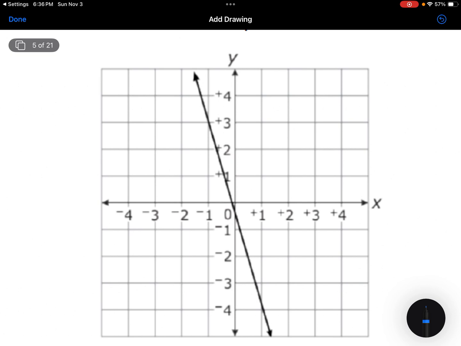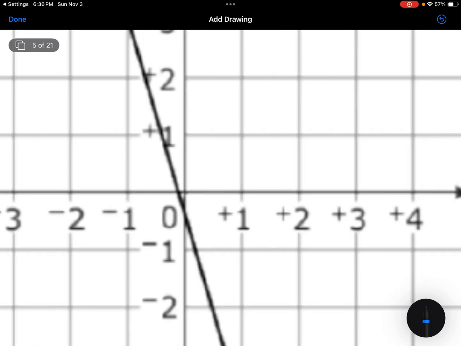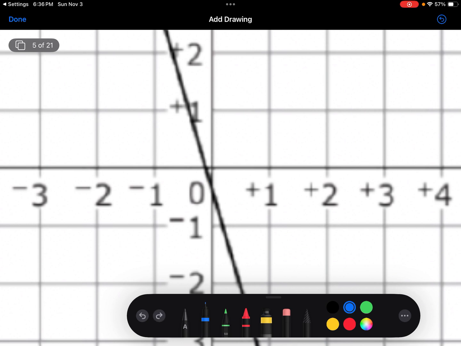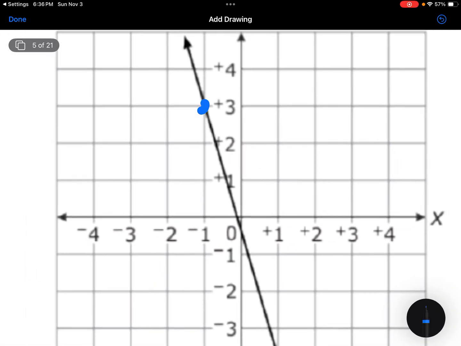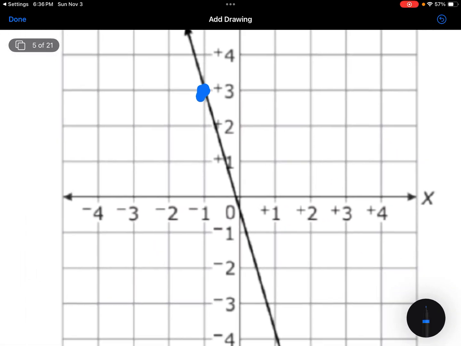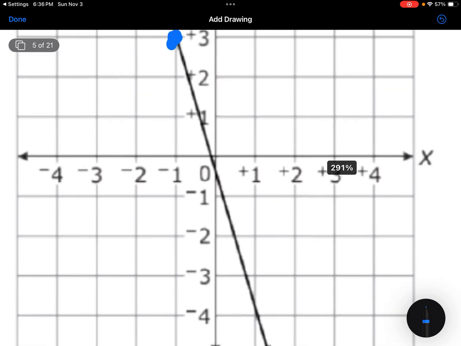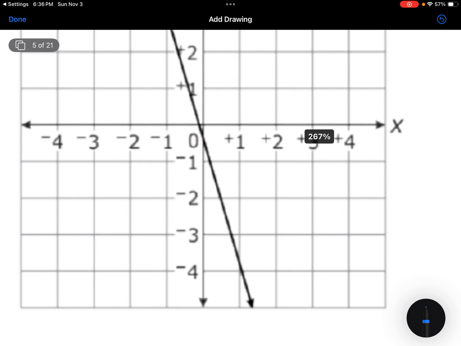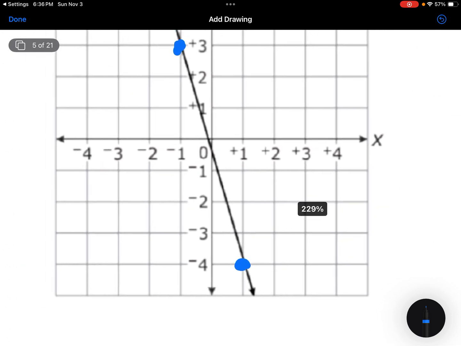This point right here is in the middle of a box, so I can't use that. I can use that point, and right there.